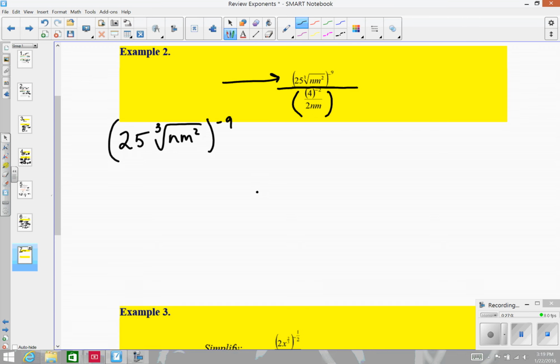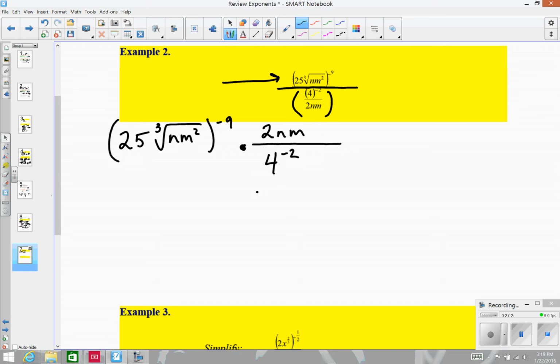Being divided by a fraction means I can write it as being multiplied by the reciprocal of that fraction. So I'm going to write this and put down a multiplication sign and then the reciprocal of my denominator.